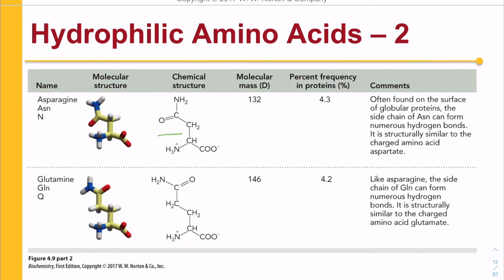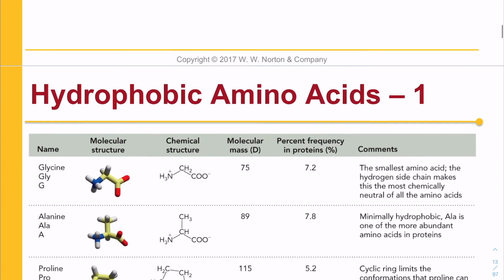Asparagine, R group here, and glutamine. And as those of you who are paying attention see, asparagine and glutamine look a lot like aspartic acid and glutamic acid. The only difference is that one has this amino group here at the end of it, whereas the other one has a carboxylic acid group. So those are related except for those two things.